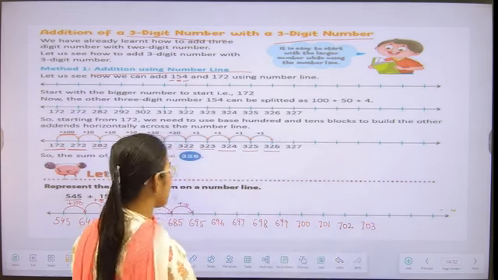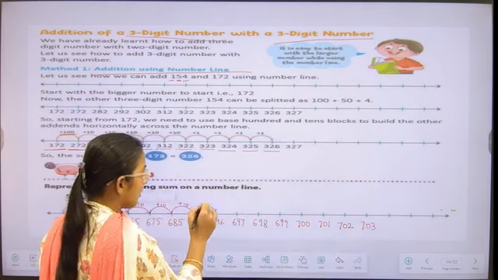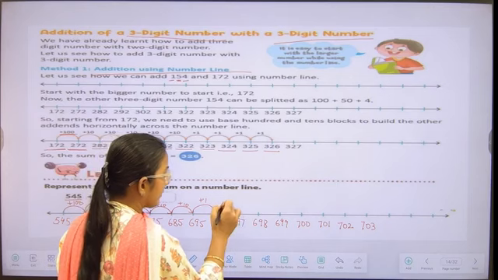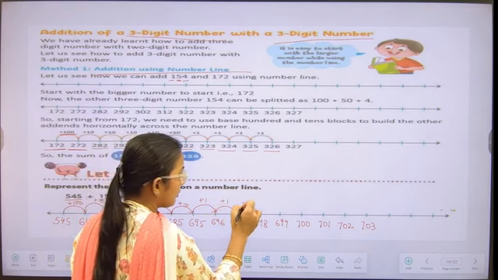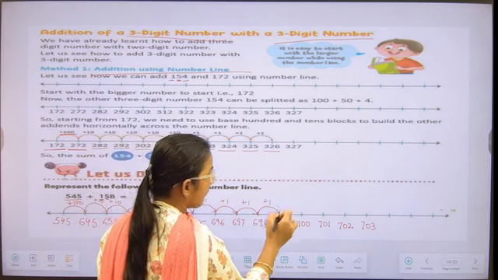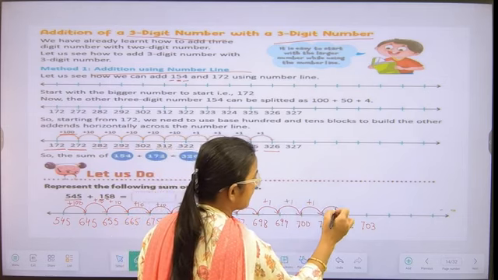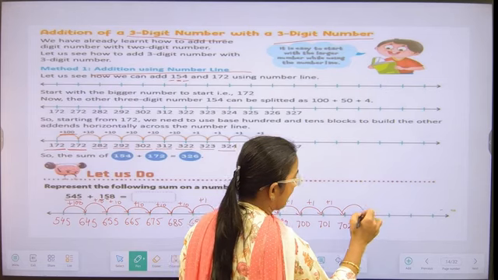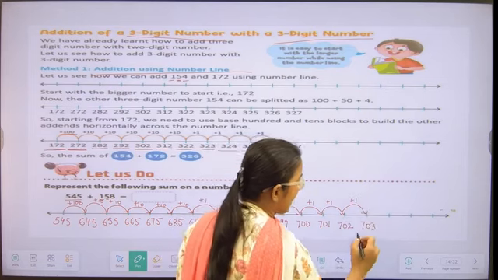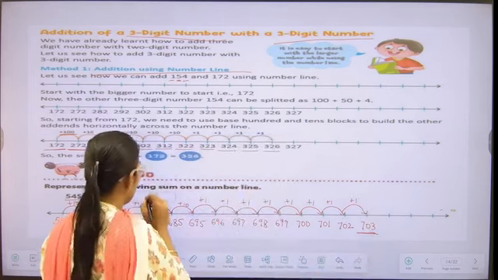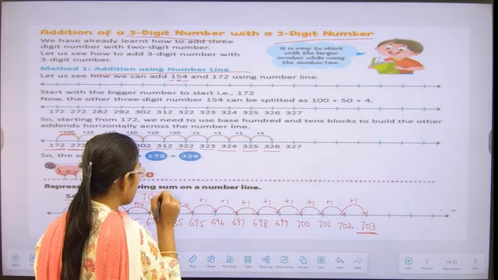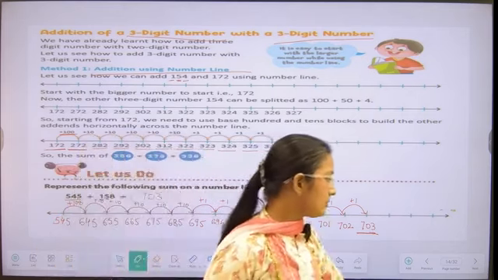Let's move 8 ones blocks. 1, 2, 3, 4, 5, 6, 7 and 8. So what we have seen, our sum is 703. So we have to write 703 for that, student.